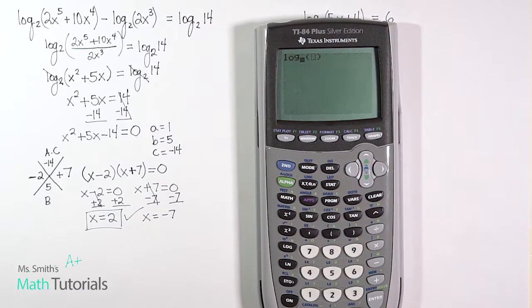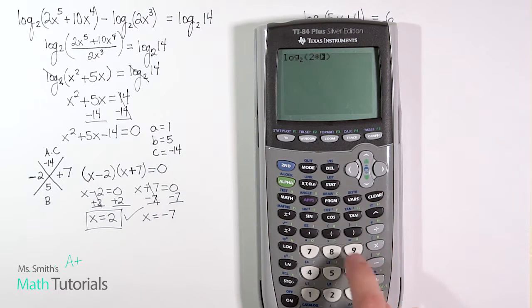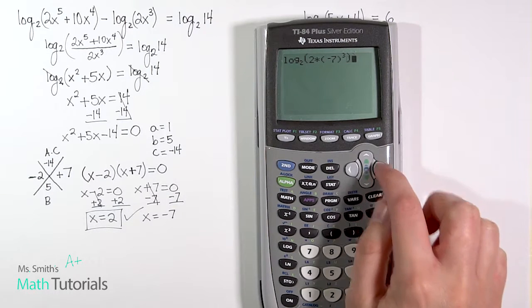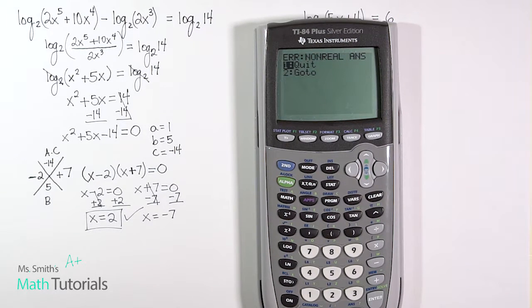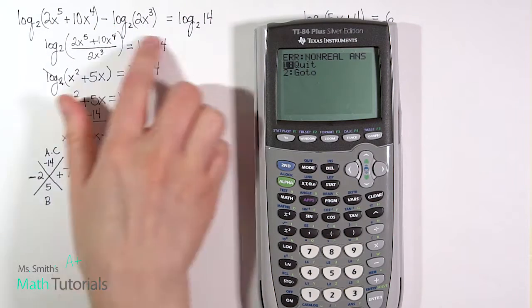So when I do log base 2 of 2 times -7 to the power of 3, and I hit enter, I get error, non-real answer. So in this case, I can just stop there because I know that if I get an error there, none of it is going to work.